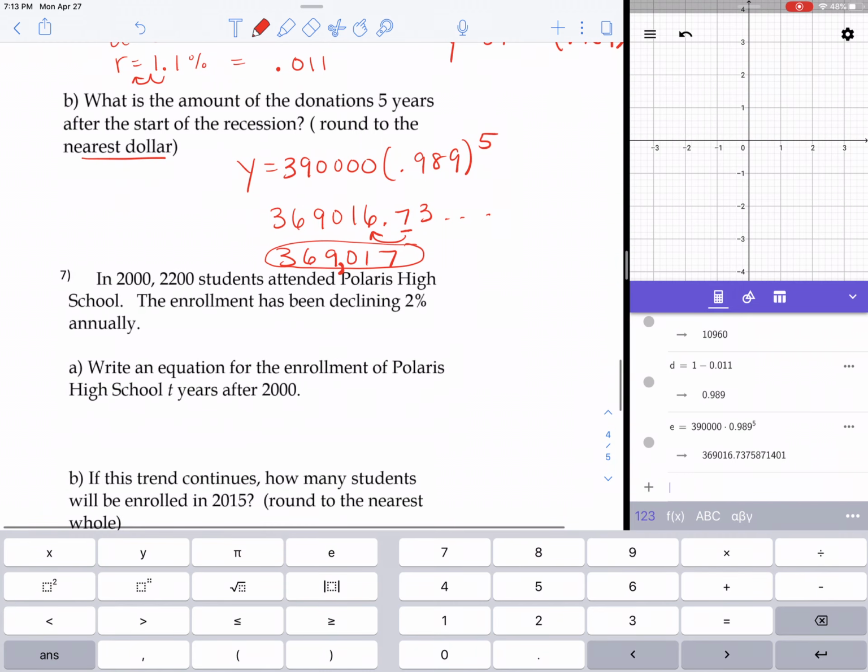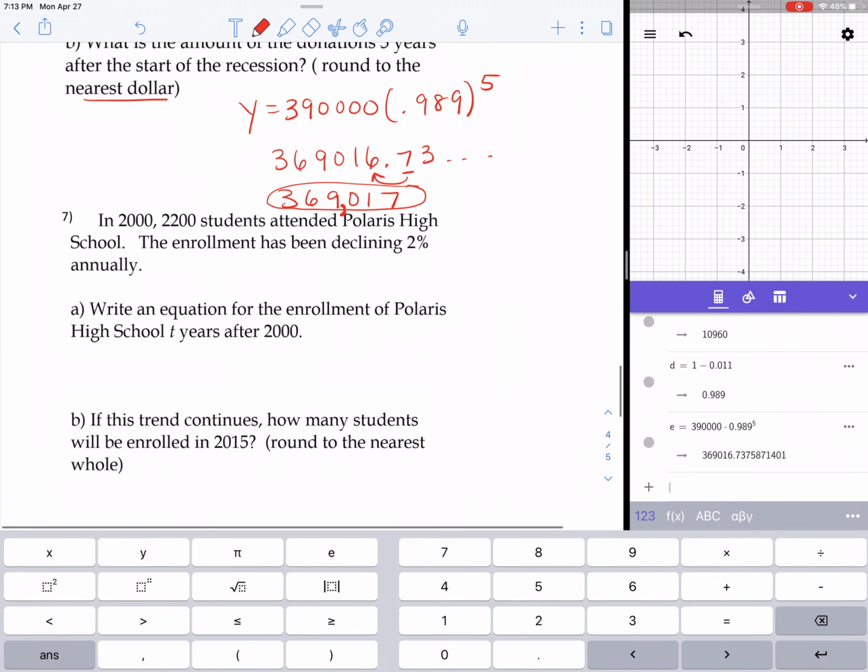One more I'll complete with you. In 2000, 2,200 students attended Polaris High School. The enrollment has been declining 2%. So that means we're using the decay formula annually. Write an equation for the enrollment. So I'm going to use y equals a times 1 minus r to the x power instead of 1 plus r. The a is what you started with, the 2,200 students.